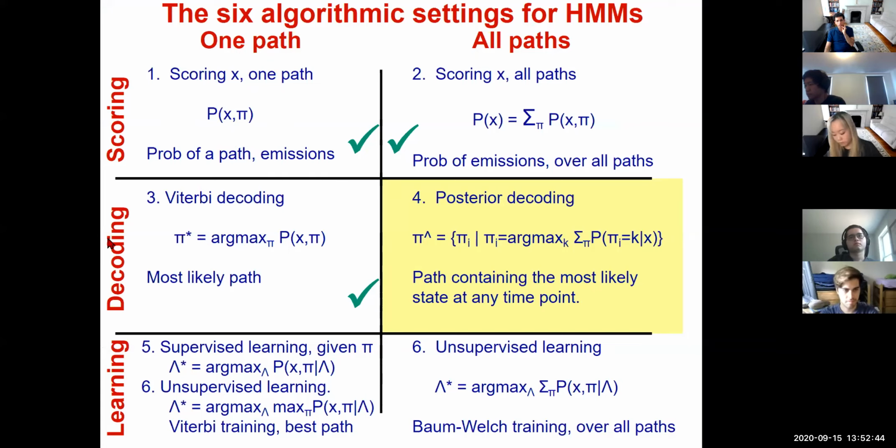We also talked about decoding a particular sequence, X, taking the maximum over all possible paths, and then returning the most likely path of our sequence. But there's another way to decode, which is posterior decoding, and that basically gives you the path which contains the most likely state at any time point. Let me try to explain.